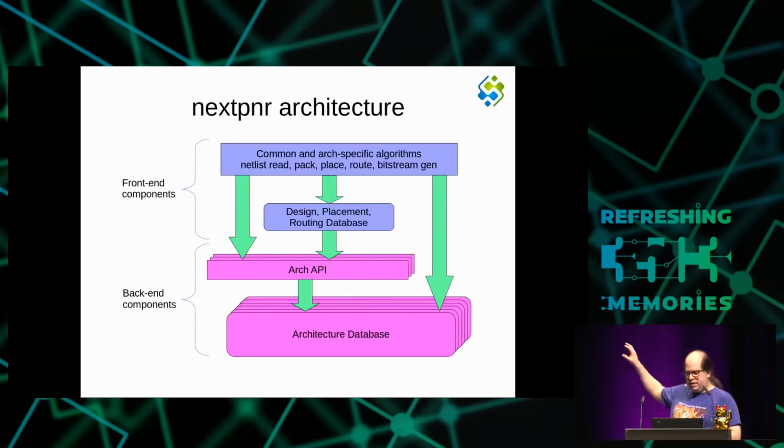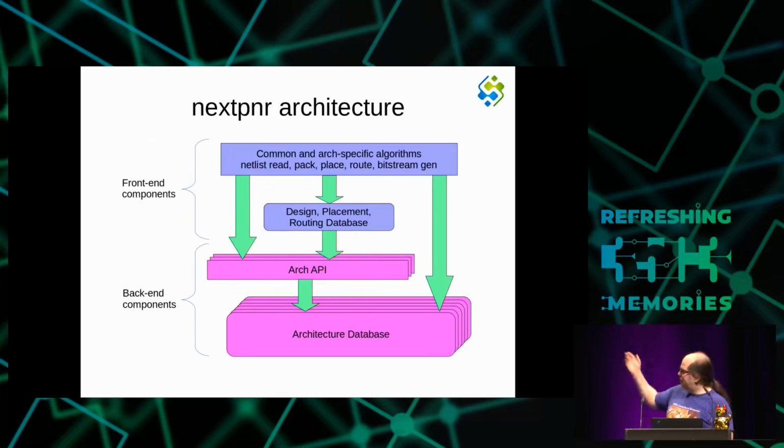And those components access a database that contains the design that we are placing right now, the netlist, and they access the architecture database through this architecture API. And that means that the architecture database itself can be stored in a very different way for different architectures.